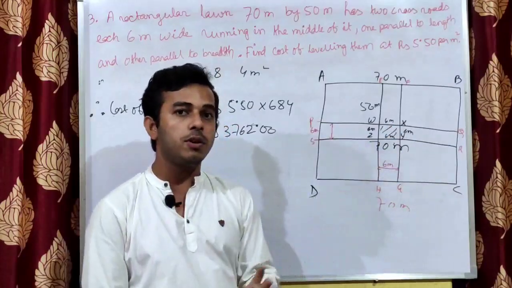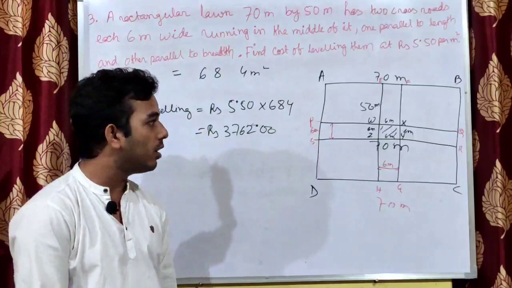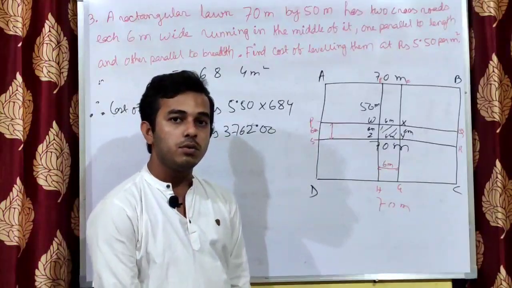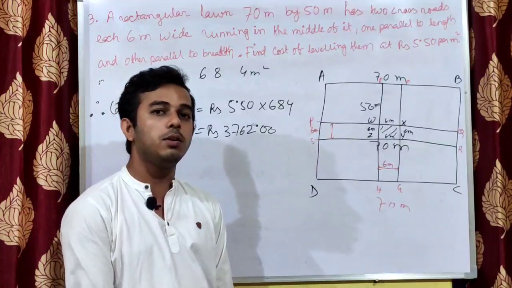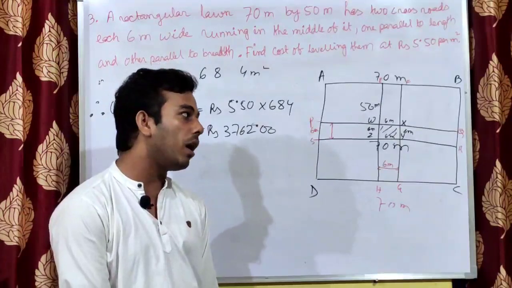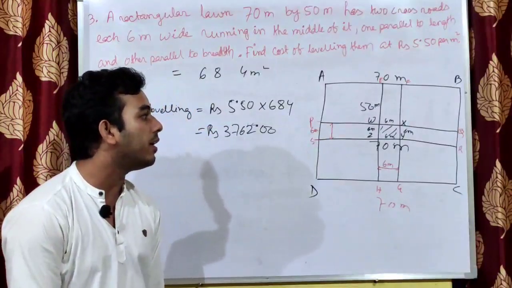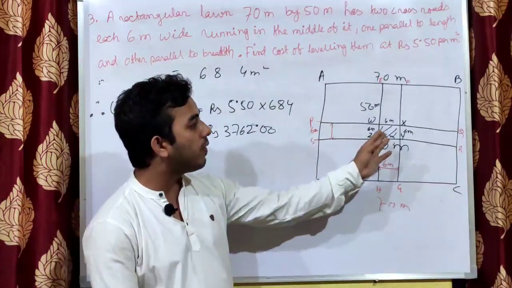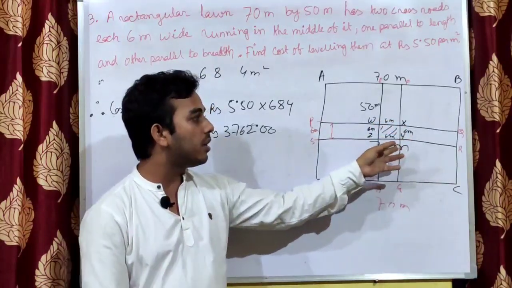That means this area is common in both the roads, so we have to subtract it one time, right? Otherwise, if we don't subtract, when we level the road, it will get two layers, right? And it will rise. So we have to find out the common area.